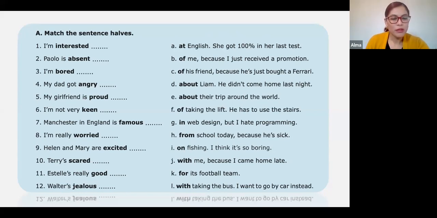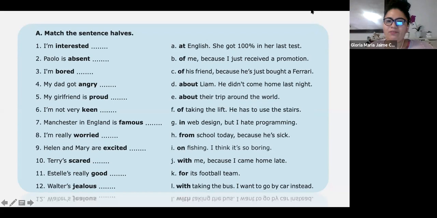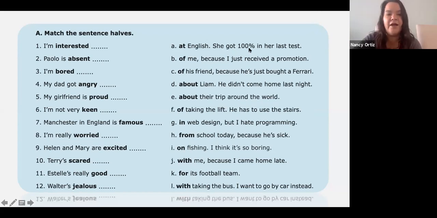Paolo is absent from school today because he's sick. Excellent. Alma, choose the next to participate. Gloria, number 3. I'm bored with taking the bus. I want to go by car instead. Excellent. Gloria, choose the next one.